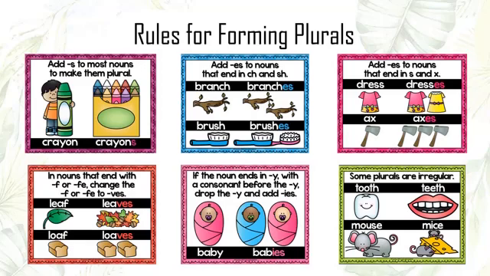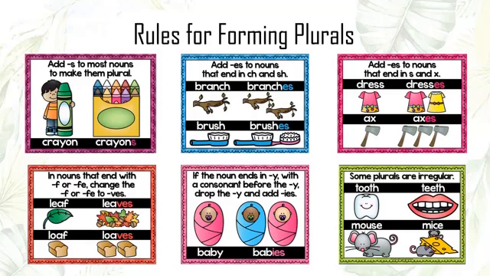So dress becomes dresses, and axe becomes axes. In nouns that end with an f or with an fe, we change that to ves. So for example, leaf becomes leaves, and loaf becomes loaves.